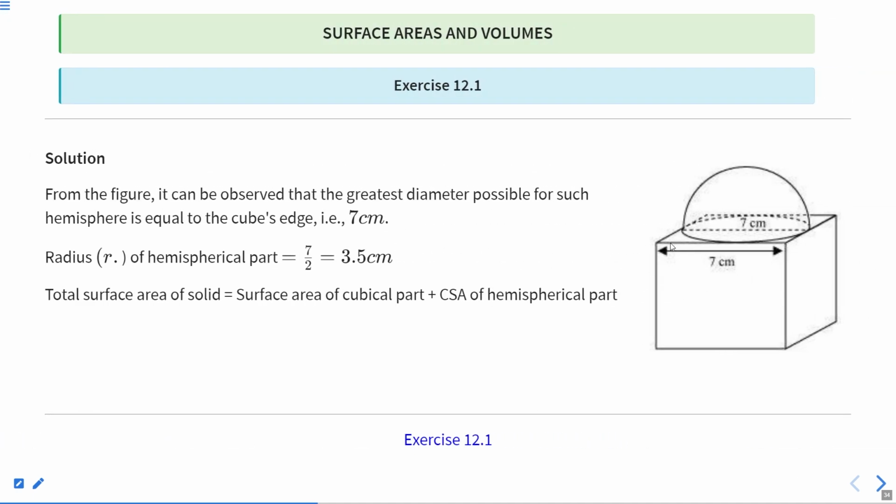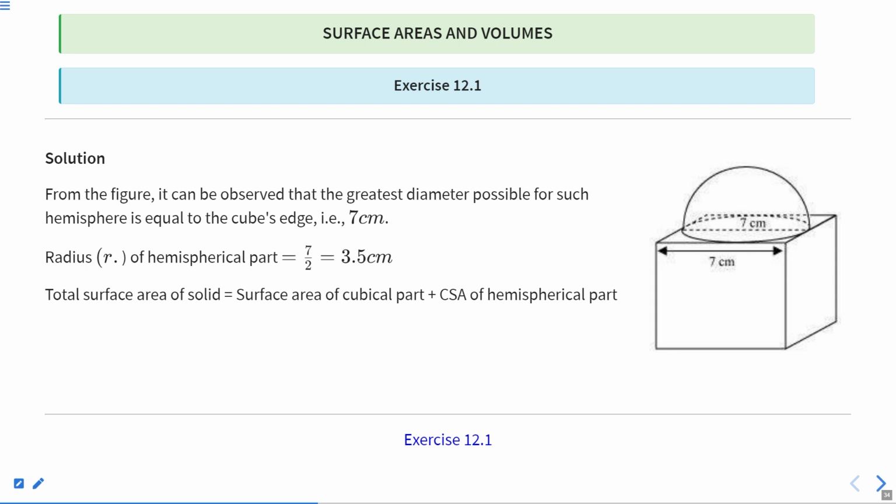From this diagram, it can be observed that the greatest diameter possible for such a hemisphere is equal to the cube's edge. Here we are given the cube's edge, that is 7 centimeter. So from this figure, the greatest diameter possible for such a hemisphere is equal to 7 centimeter.